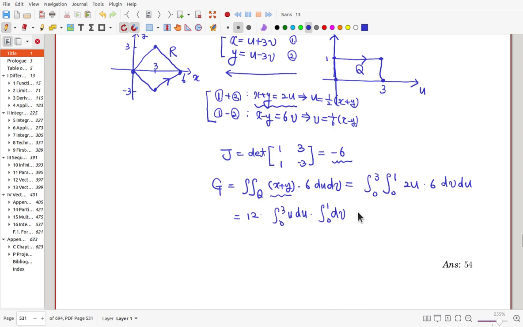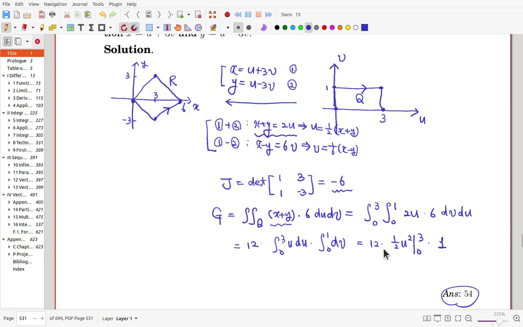So 12 times half u squared, with u from 0 to 3, and that last one is 1. If you evaluate it, you will get the answer 54. Quite easily you can get it.